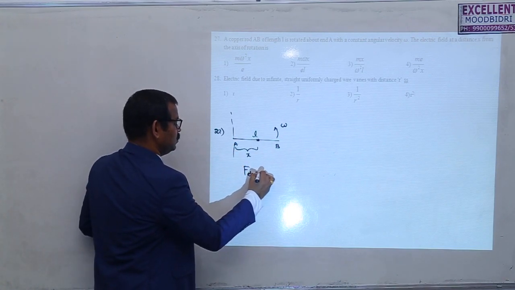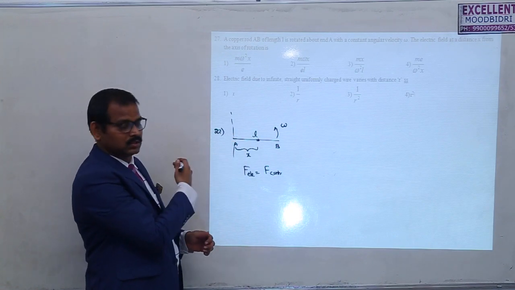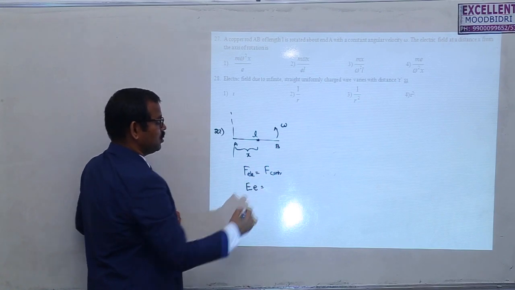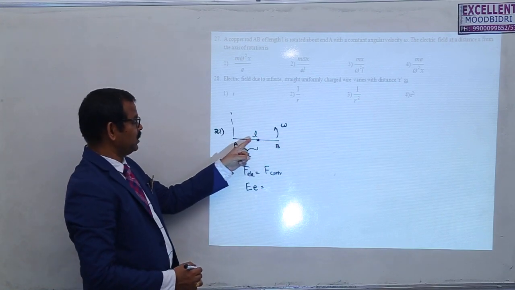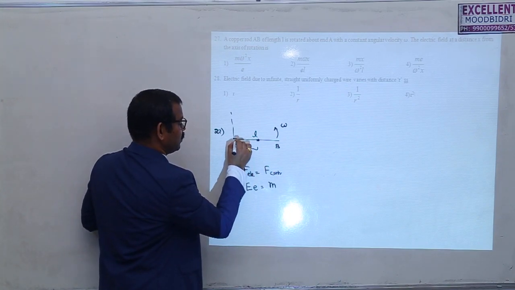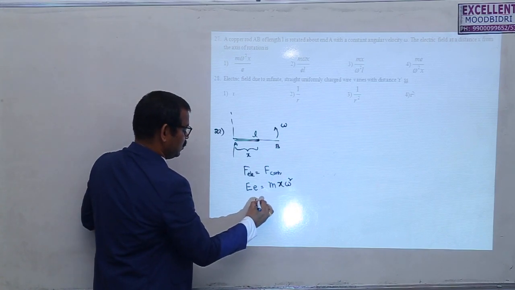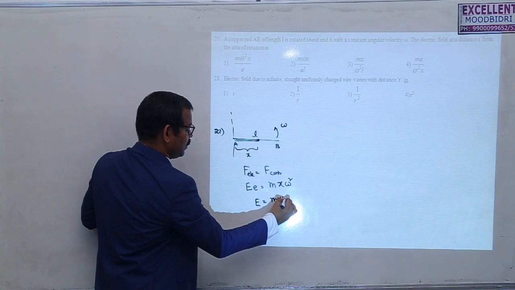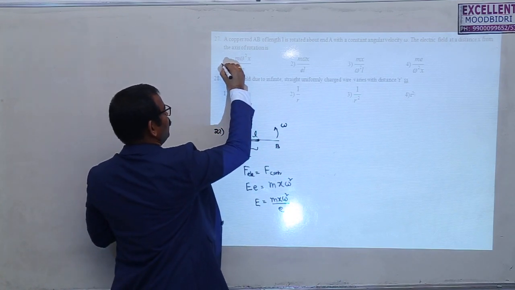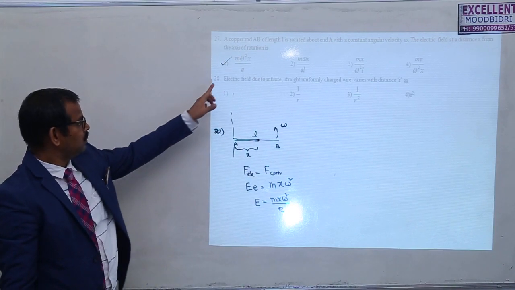If the electric force is equal to the centripetal force, the electron will not move. So what is the electric force? eE, which is equal to the centripetal force at this point: mv squared by r, or m r omega squared, but the distance here is x, so m x omega squared. So the electric field is given by m x omega squared by e. So m omega squared x by e is the first option.